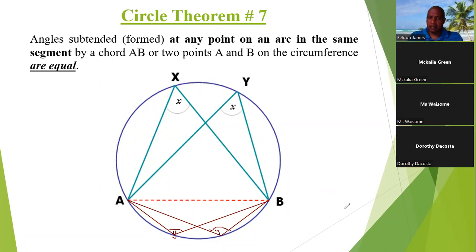Well, apparently you guys weren't paying attention when I was defining what a segment of a circle is. Can anybody remind me what the segment of a circle is? The segment would be where the chord cuts the circle.